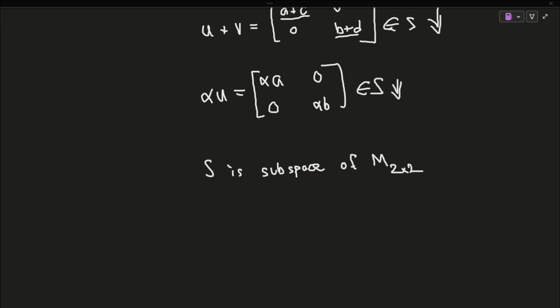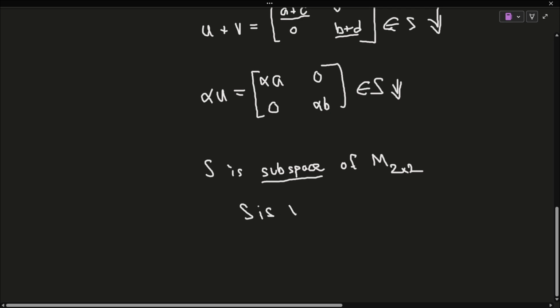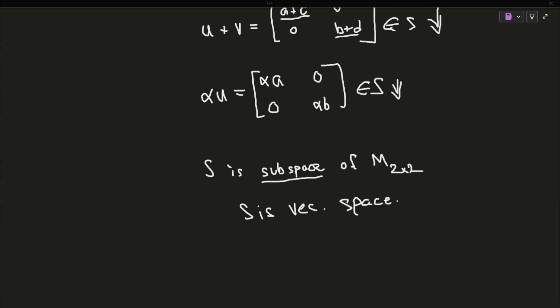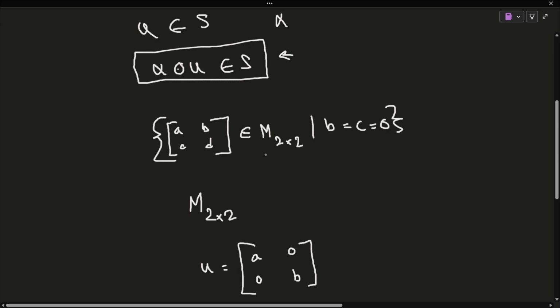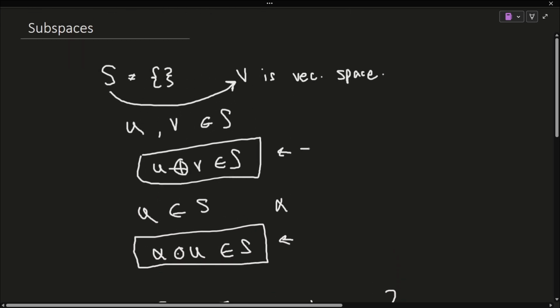And since we know that a subspace is just a vector space, that means S is indeed a vector space. Okay? And so hopefully that example made sense as to why we were able to use these two propositions.